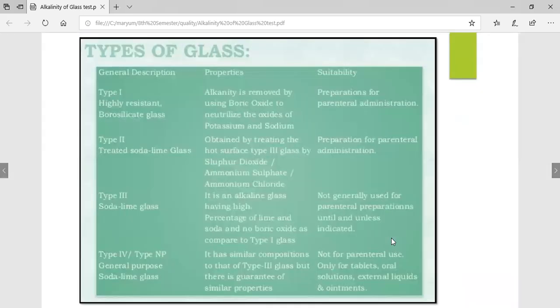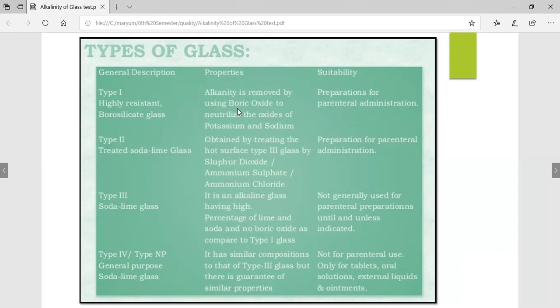Then comes the types of glass on the basis of their property and suitability: what kind of glass is used for packaging parenteral dosage forms, tablets, or IV reconstitution powders. Type 1 glass is known as highly resistant borosilicate glass, and its alkalinity is removed by using boric oxide.